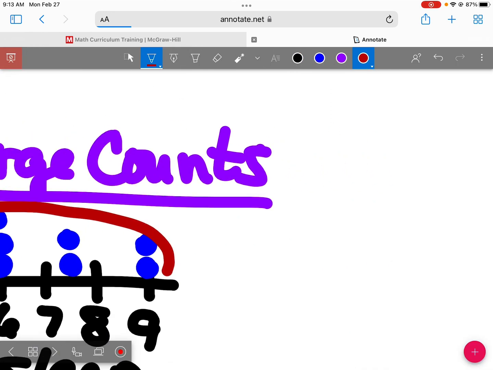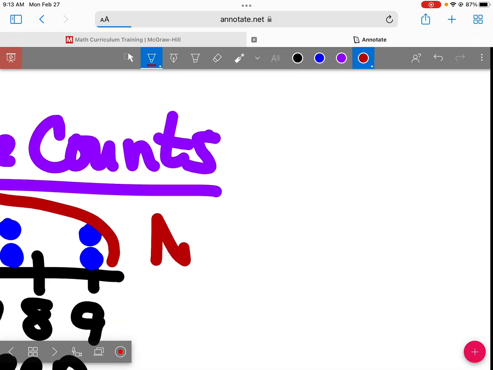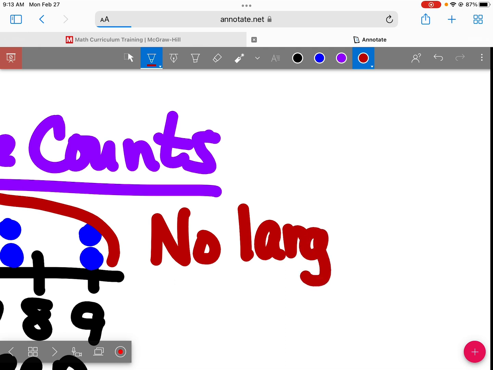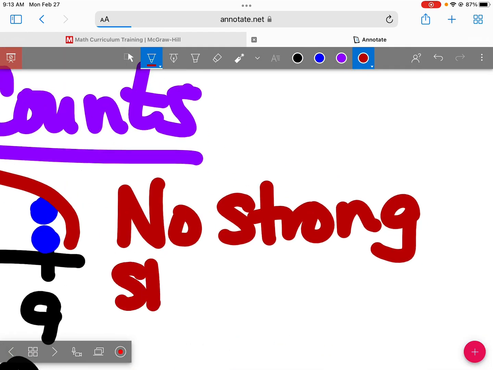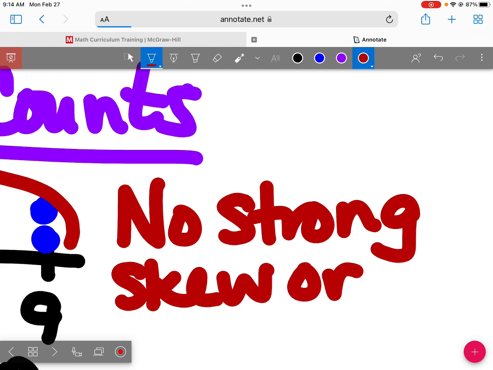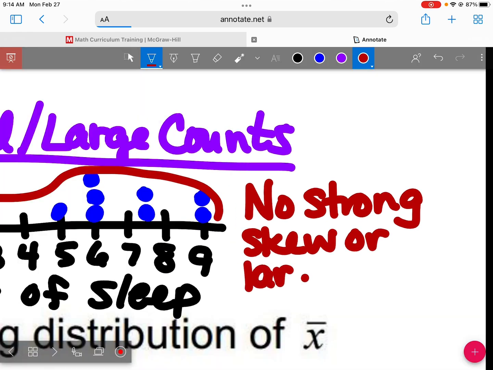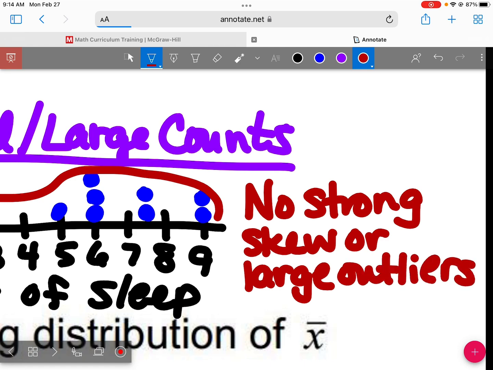No. So no strong skew, sorry, I'm going to call it strong skew, or large outliers.